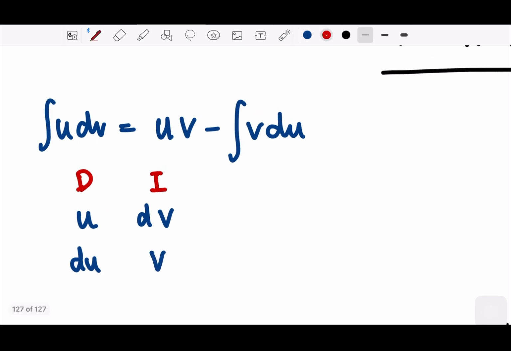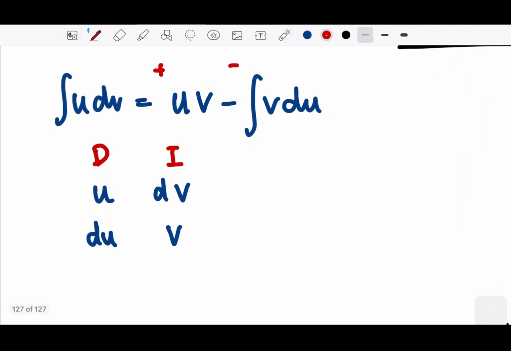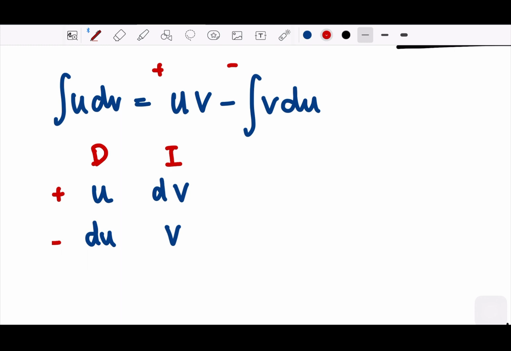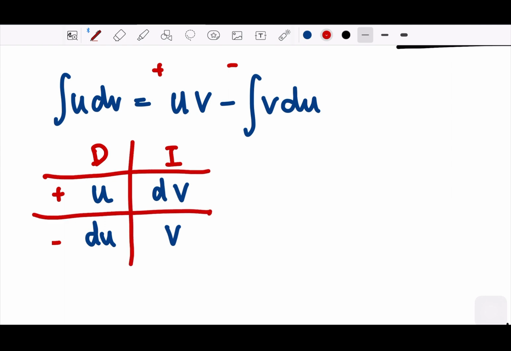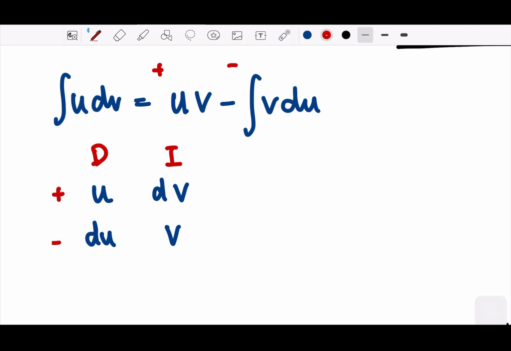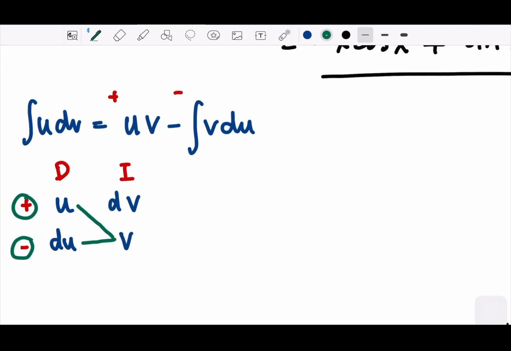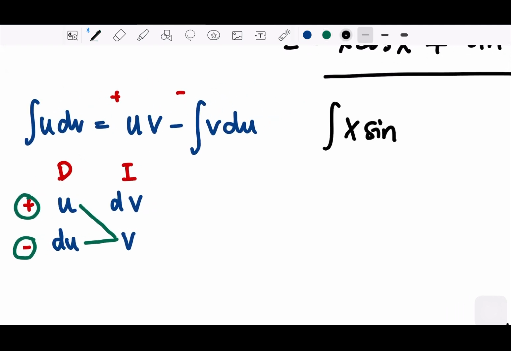According to our signs, this is positive and this is negative. So we can write this pattern in a table to help you get through. We multiply diagonally with the positive sign, and then subtract the next multiplication.